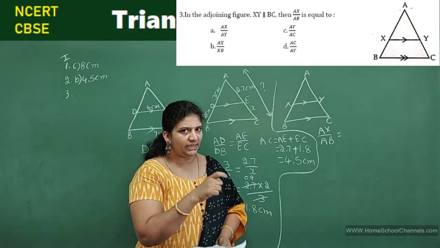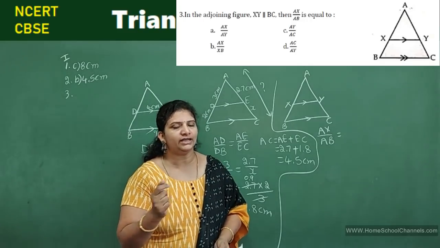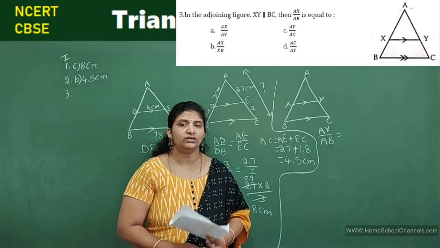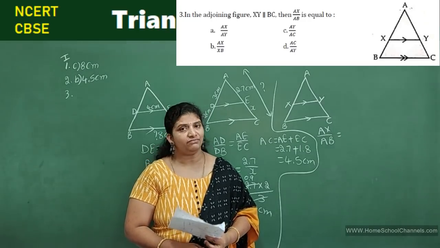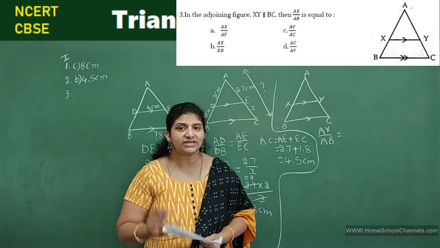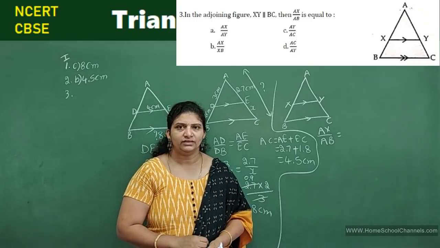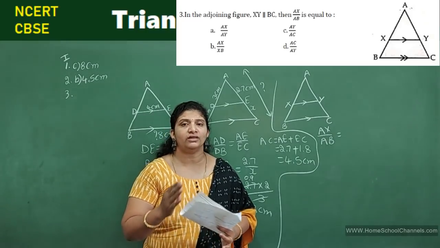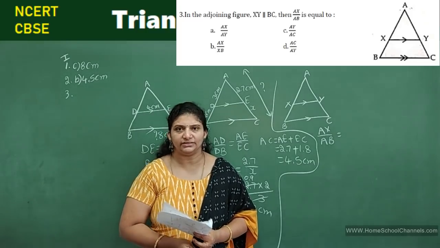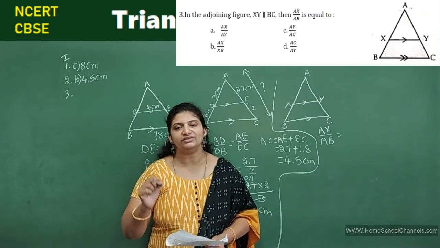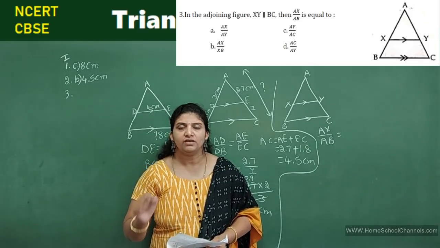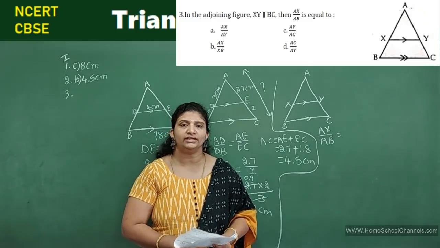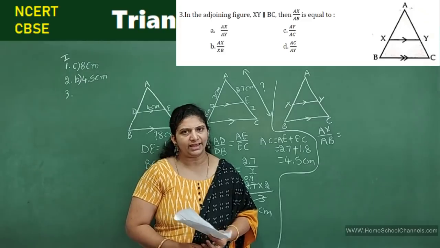In the triangles chapter, I have explained the BPT theorem, then the converse, then 3 corollaries, and by using some examples I made you understand all the ratios and corollaries. If you have any doubt, you can check that chapter where the BPT theorem was explained.